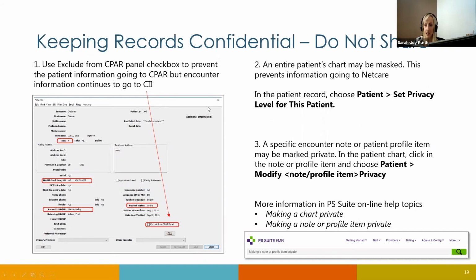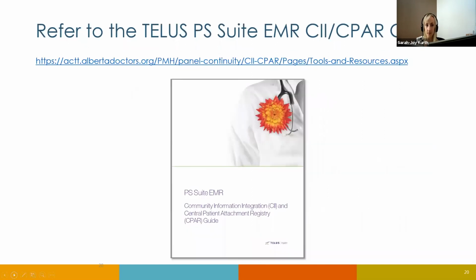They are also outlined here on this slide. And you can apply confidentiality to an entire patient's chart, a single encounter, or a section of the patient chart. And again, more information can be found on our website.